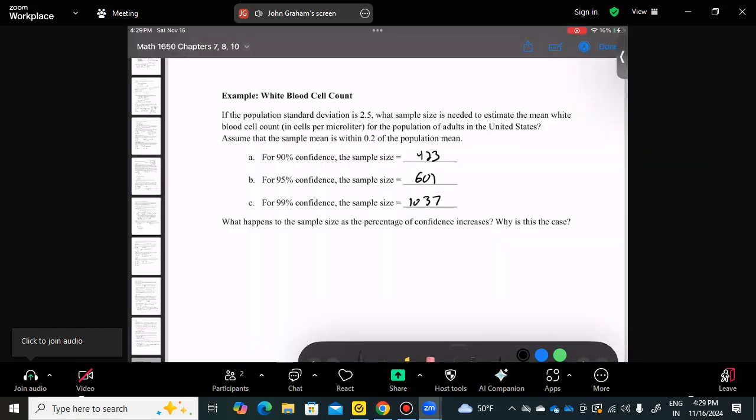What happens to the sample size as the percentage of confidence increases? The sample size needed increases because in order to be more confident, we have to have a larger sample size.